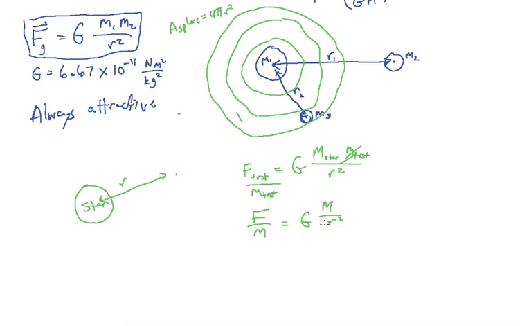If you look at this, we can take whatever number this happens to be and just call it a lowercase g for now. We'll call this our gravitational field. Let me rewrite it one more time: g equals G M over r squared. We can take this g number and multiply it by whatever mass we put there.